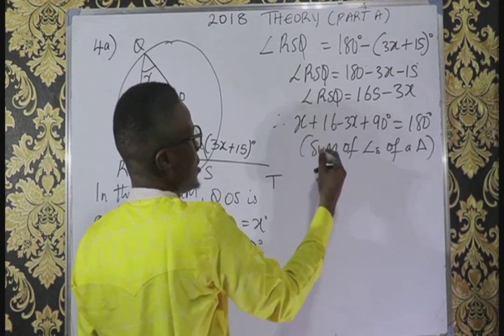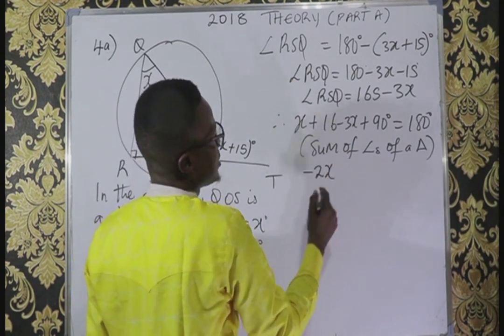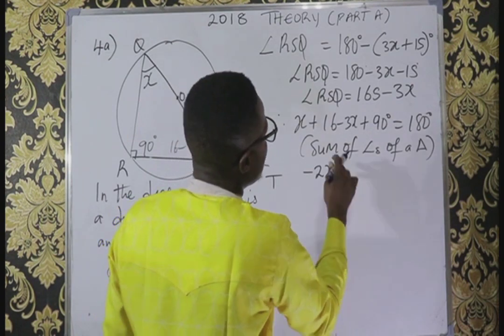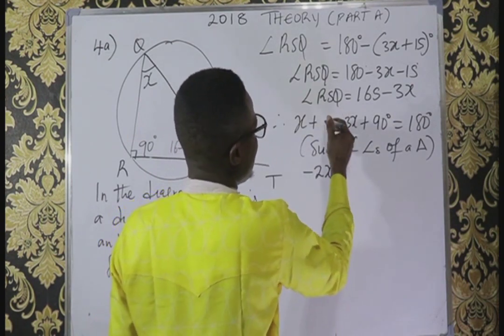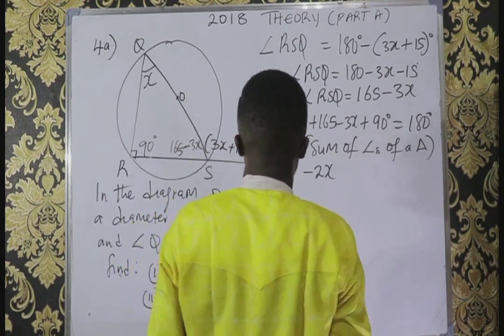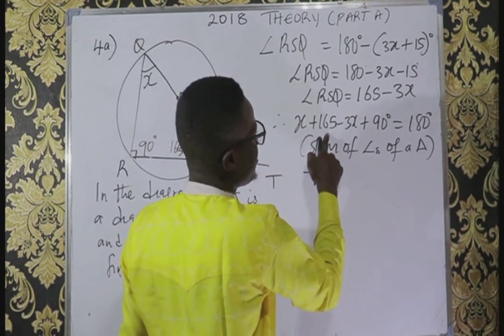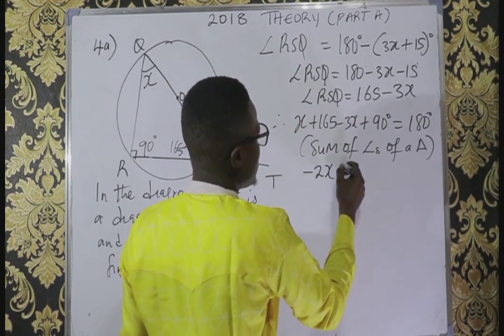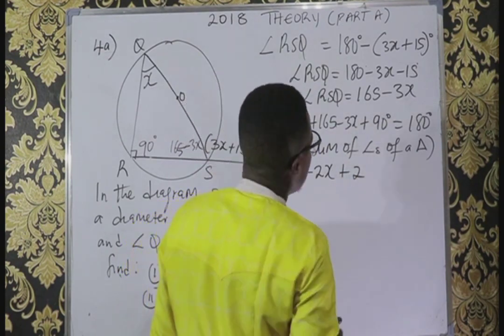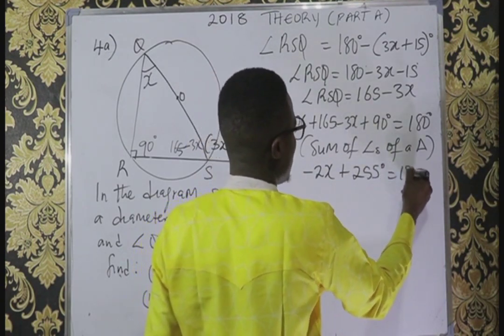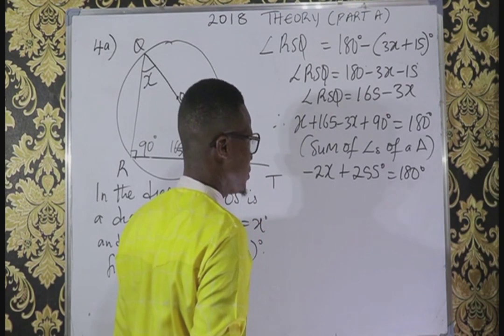Now x minus 3x is minus 2x. 165 plus 90 will give us 255 degrees equals 180 degrees.